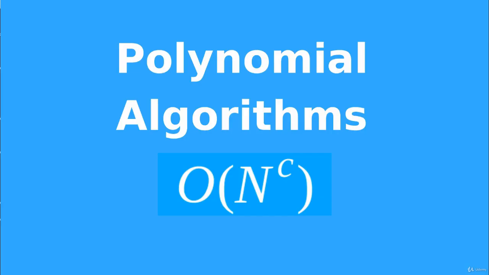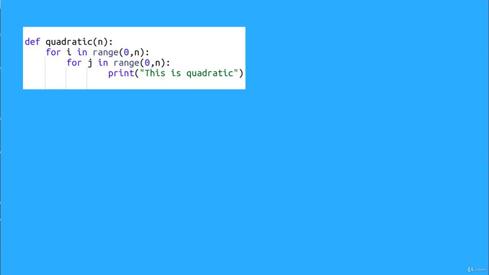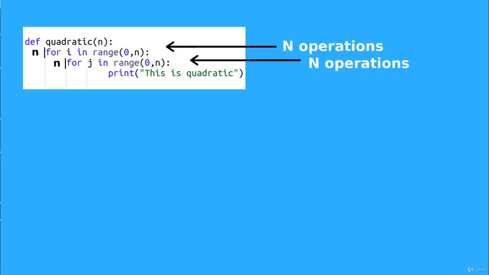Now let's take a look at some polynomial complexity. So here we got a method called quadratic. So things are a little different here. We got a nested loop. So here our first loop runs n times, right? But that's not the interesting part. The interesting part is the fact that for each one of these n iterations that we have in our outer loop, the inner loop also runs n times.